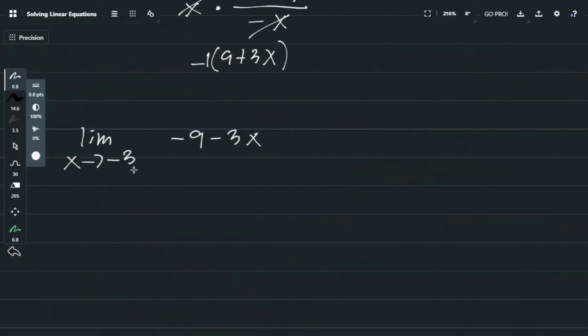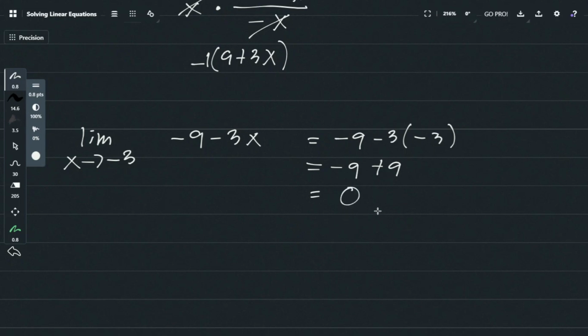So now we can use the substitution strategy. So the value of x is just -3. So we're just going to substitute the value of x. So -9 minus 3 times the value of x, which is -3. So we have -9, then -3 multiplied by -3 is just +9. So we have -9 plus 9 is equal to 0. So the correct answer is 0.